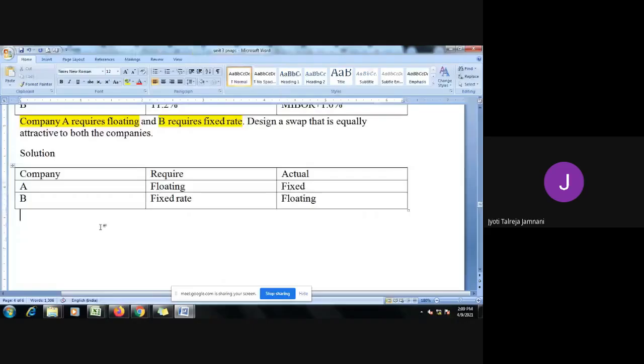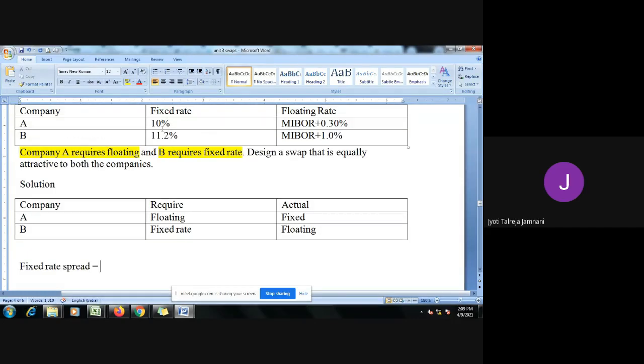Now the next step is to find the spread. So the fixed rate spread is equal to the difference between these two rates, highest minus lowest. So 11.2% minus 10%, you get 1.2%.